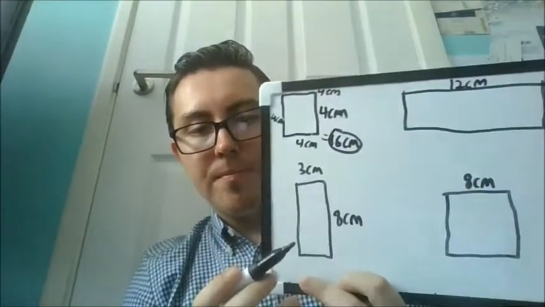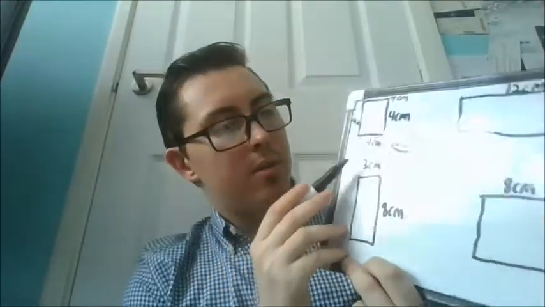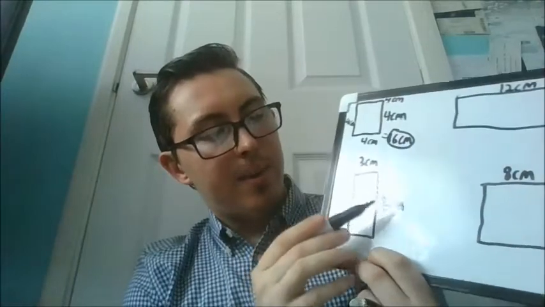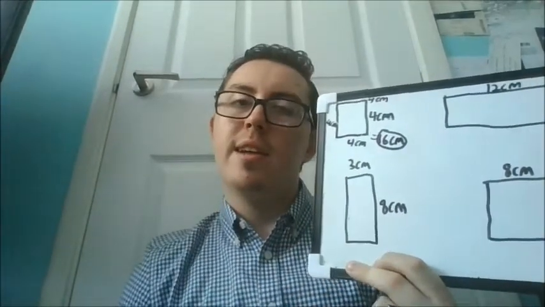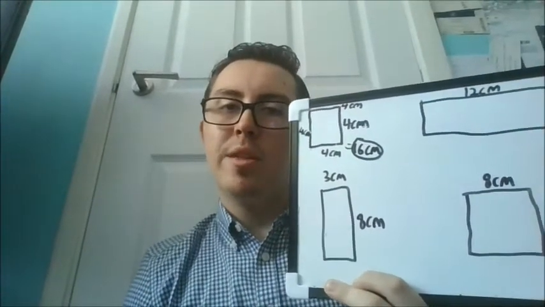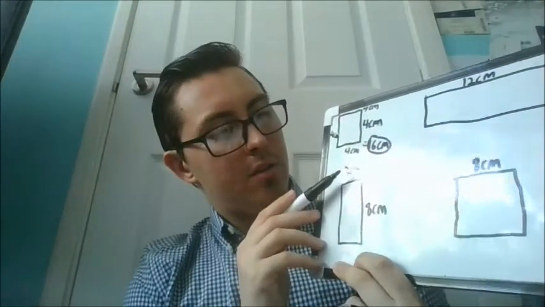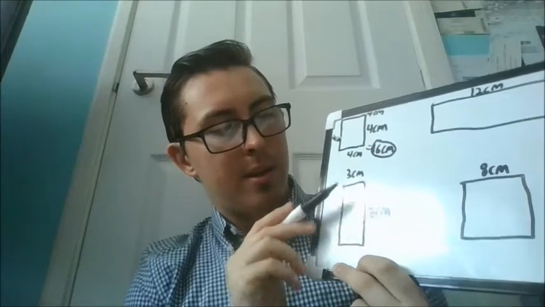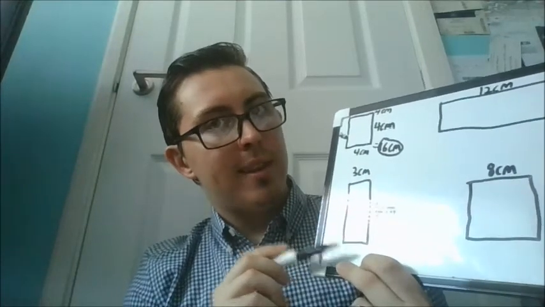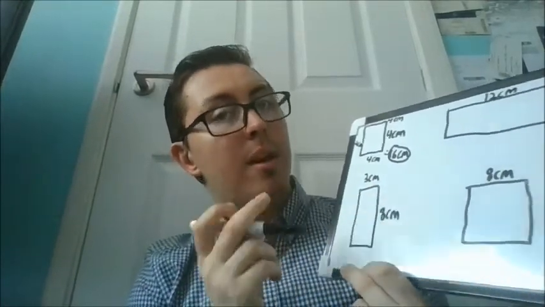Okay, let's try this one. So our rectangle, our length here is 3 centimeters, and our length on the side is 8 centimeters. So our width is 3 and our length is 8 centimeters. So if the width is 3 up here, the same width will be down here. So the same width, it will be 3 centimeters.